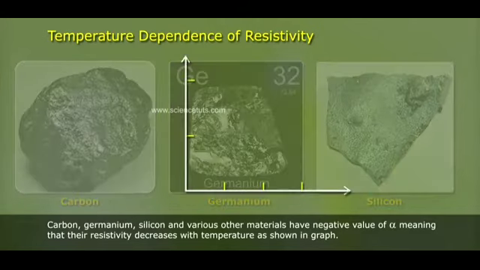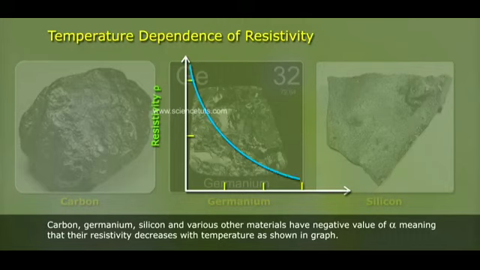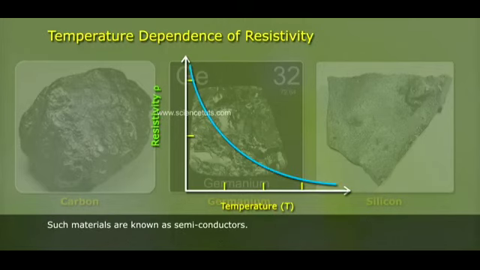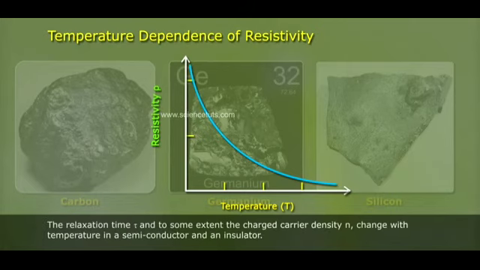We can understand the temperature dependence of resistivity in the following way. Earlier, we have shown that the electrical conductivity sigma is equal to N e squared tau by m, and the resistivity is the inverse of sigma.